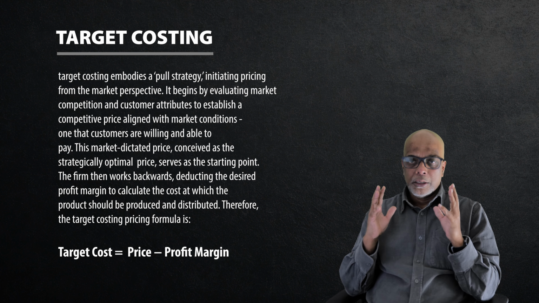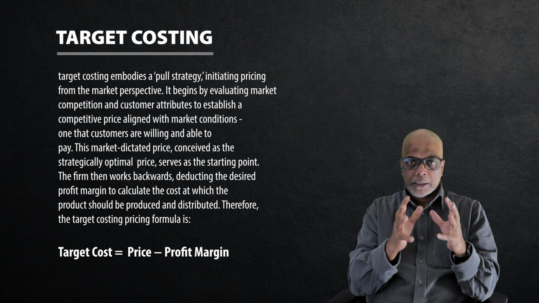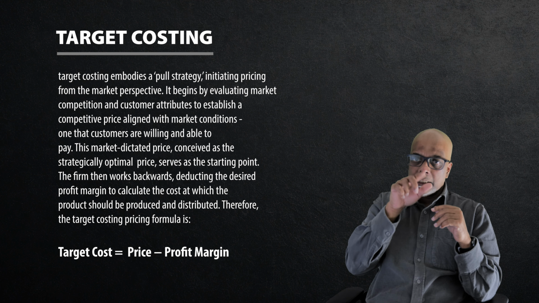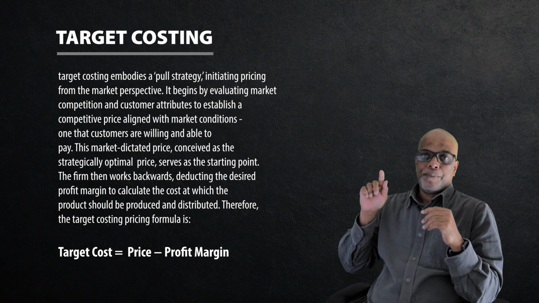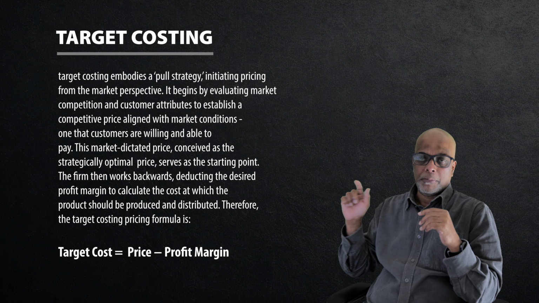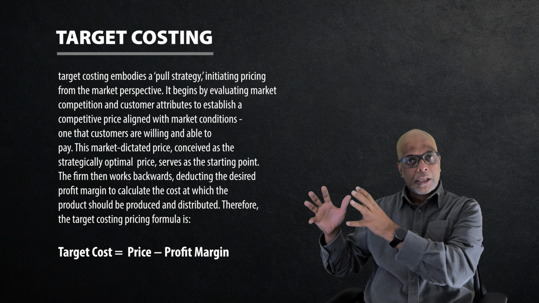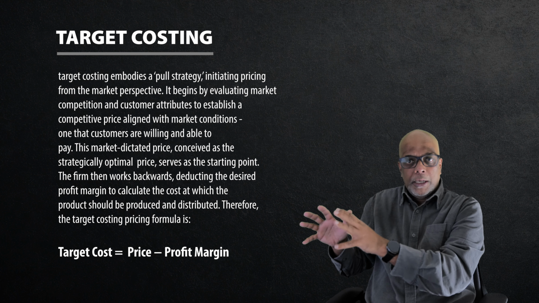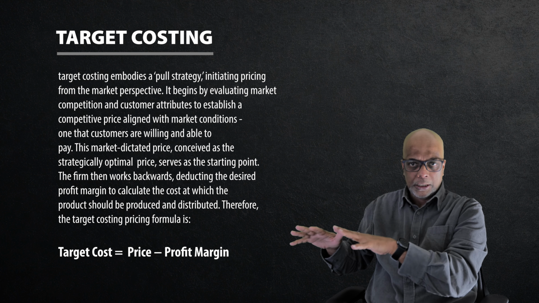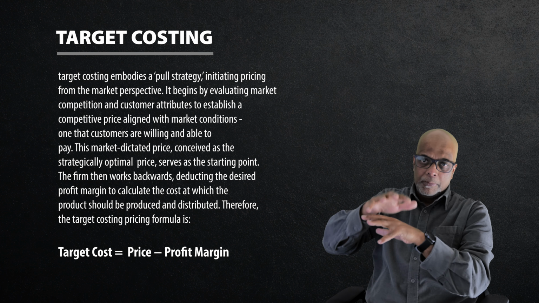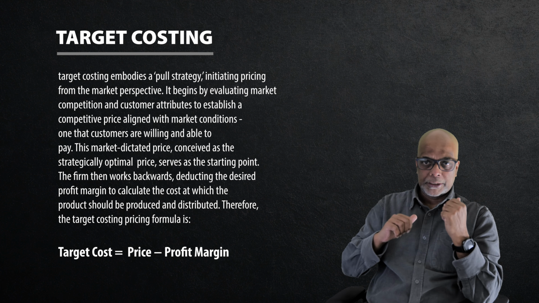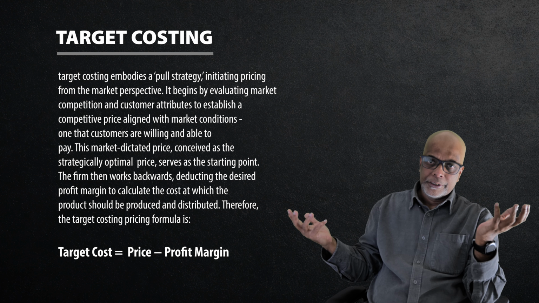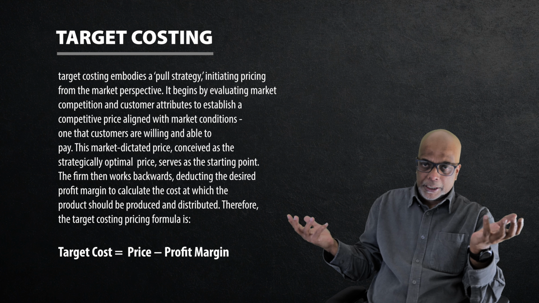So unlike accounting cost plus pricing, the traditional cost plus pricing, in which case the price is equal to cost plus profit margin, in that case we start with the factory, calculate the cost on the basis of the way we carry out our production, and then add a profit margin and then decide the price. So we start from the factory, end in the market.